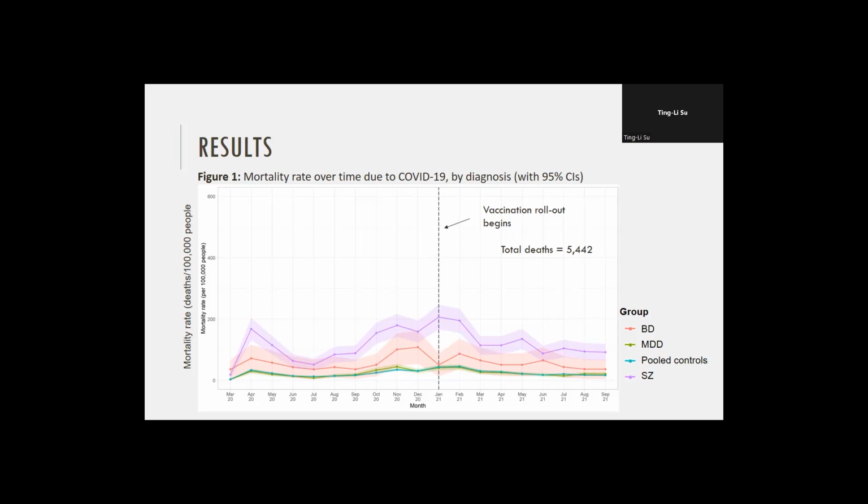Also, people with bipolar disorder, you can see in the red, they're also quite clearly elevated. And I think what you can also see a little bit there is that line where the vaccination rollout began and you start to see a decline across all groups. So that was a significant linear trend after that point. So you can see that there seems to be an impact there after the vaccination program is kicking in.